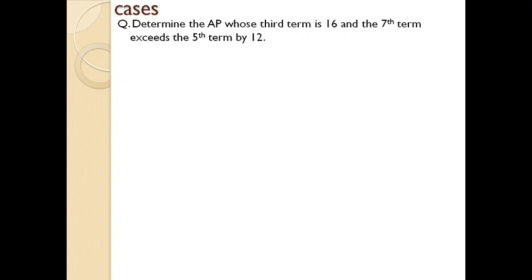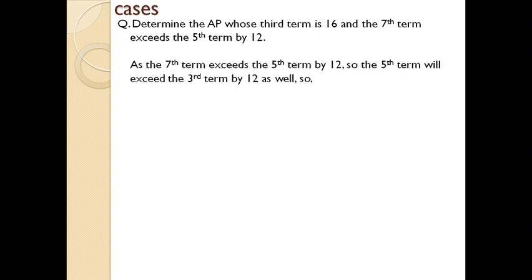In that case, we can assume that the difference between the third term and the fifth term will also be 12, because as per the arithmetic progression concept, if a series goes in an increasing trend or in a decreasing trend, there will be a common interval gap between the series numbers.